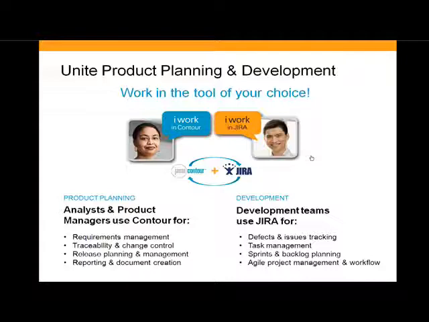The Contour JIRA Connector is intended to help break those silos and barriers by giving each team a view into the other team's world, while still allowing the teams to work within the tool that makes them most effective.